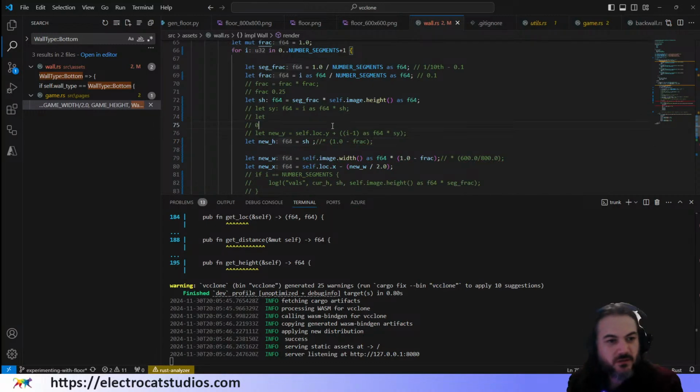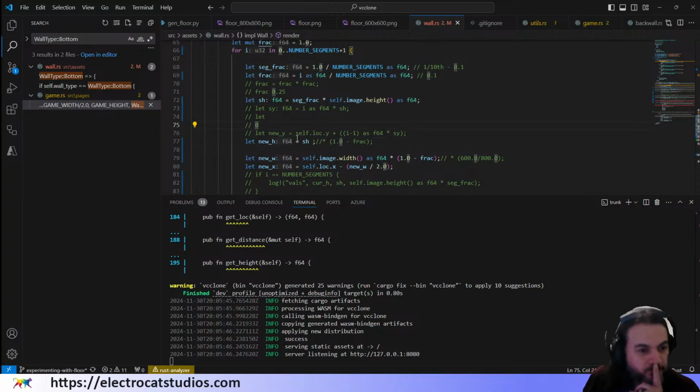Yeah, new height's going to be start height, and we should get a nice triangle coming in.